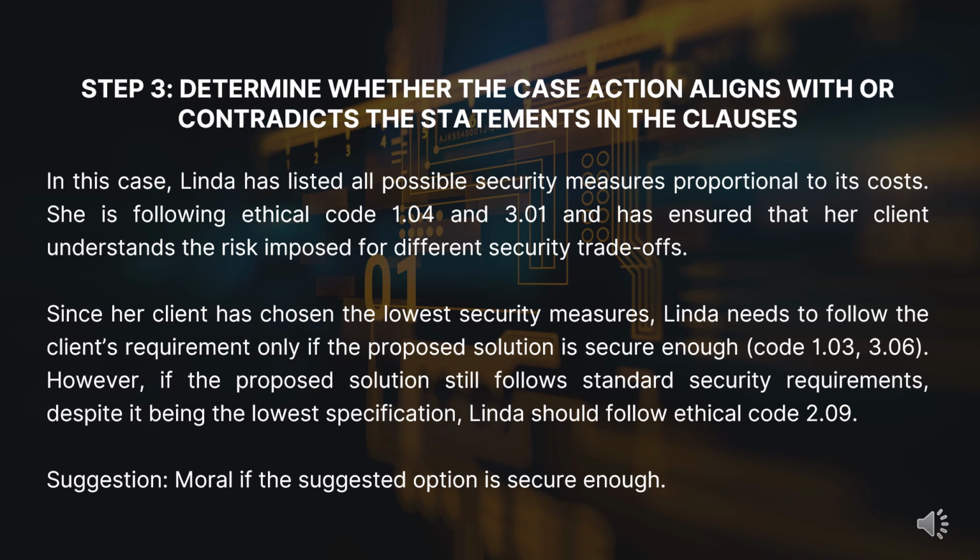So since her client has chosen the lowest security measure, the cheapest one, Linda actually needs to follow the client's requirement only if the proposed solution is secure enough. This is following code 1.03 and code 3.06.